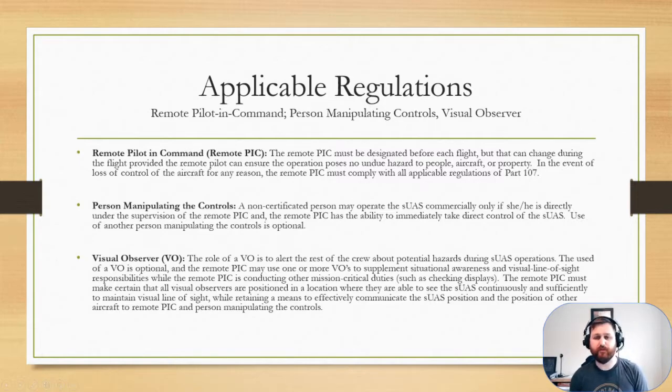So a person manipulating the controls under Part 107 is someone who is operating the sUAS commercially, whether for agriculture usage, such as crop dusting, inspecting cell phone towers, or taking pictures of houses for real estate. That's the primary thing you'll see. But they have to be under the direct supervision of someone who has their Part 107.